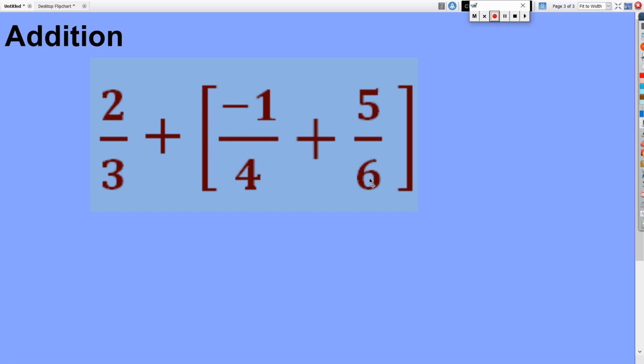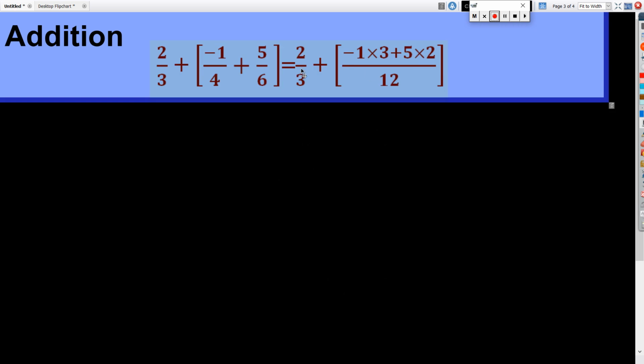To add these two numbers, take the LCM of 4 and 6 and do it. Here 4 and 6, LCM is 12. Now 4 into 12, 3 times, so it is negative 1 into 3, plus 6 into 12, 2 times, so 5 into 2.